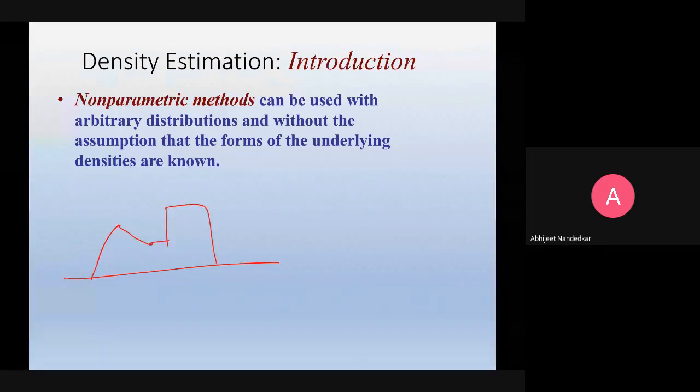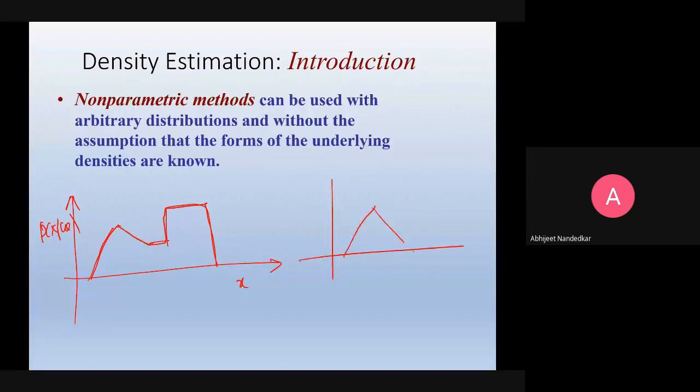If this is my actual data, then I should be able to find out this probability of x given omega very easily if I go with a non-parametric method. You can have any shape, maybe some triangular here, then like this. So all these kinds of shapes are possible.